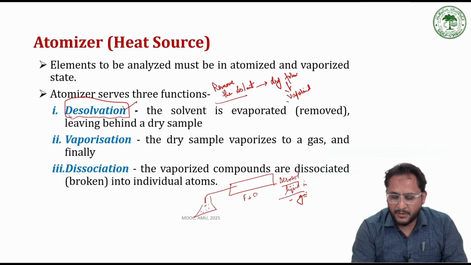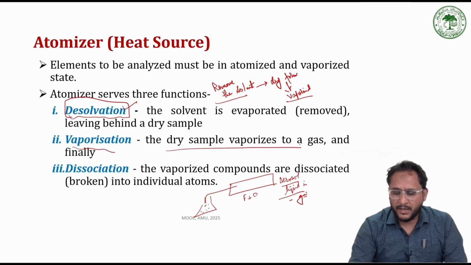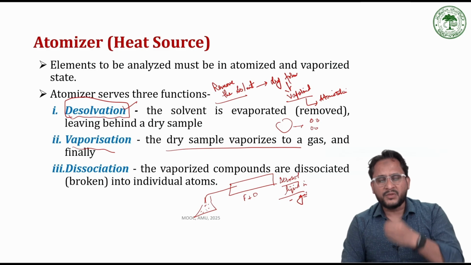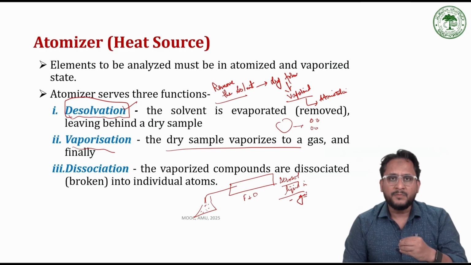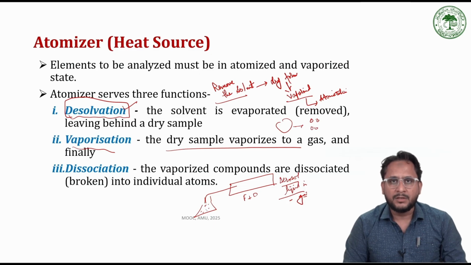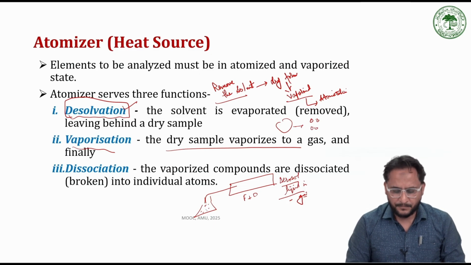Then we have vaporization, which converts the dry sample to a gas, and finally we have the atomization, where the molecules are converted into individual atoms. Now these atoms are present in vaporized form, and thus they are ready for excitation with the help of light coming from the light source.